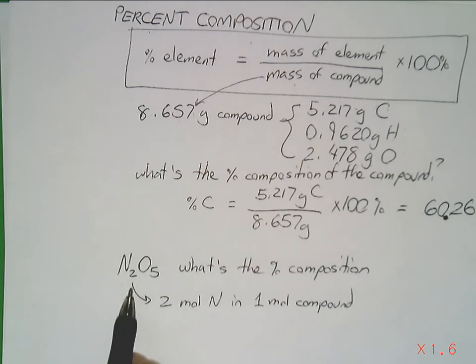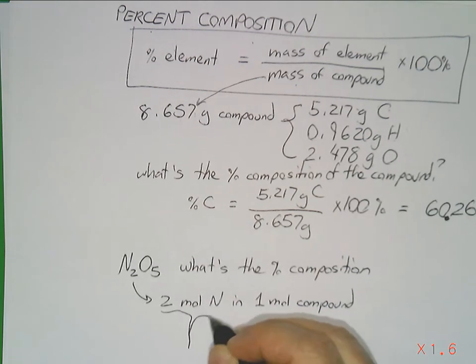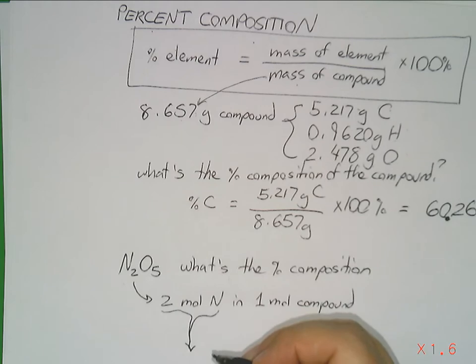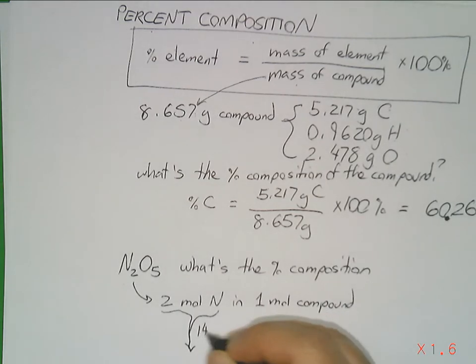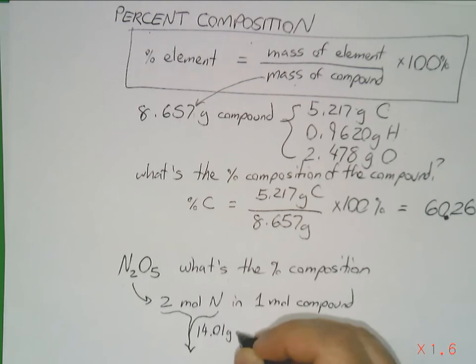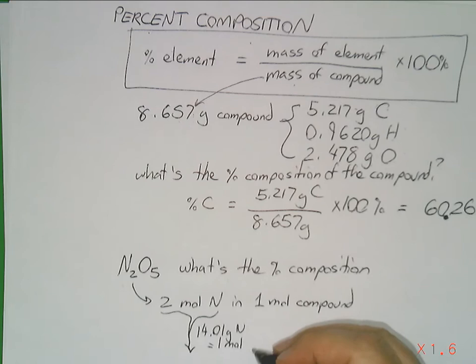Right? Because that's what the subscript there is telling me: 2 moles of nitrogen for every 1 mole of compound. Now, I can turn this into a weight using the molar mass of nitrogen. Molar mass of nitrogen is 14.01 from my periodic table that I have over here.